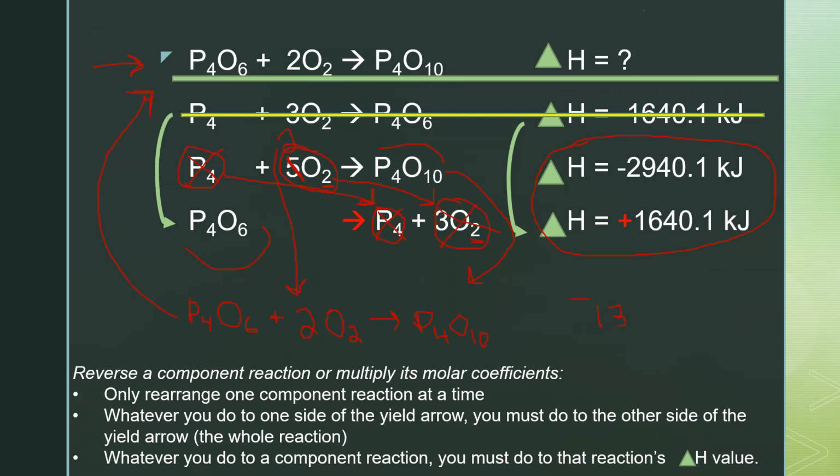And negative 1300 what? Negative 1300 kilojoules. So your answer to what the enthalpy is for that original equation is negative 1300 kilojoules.